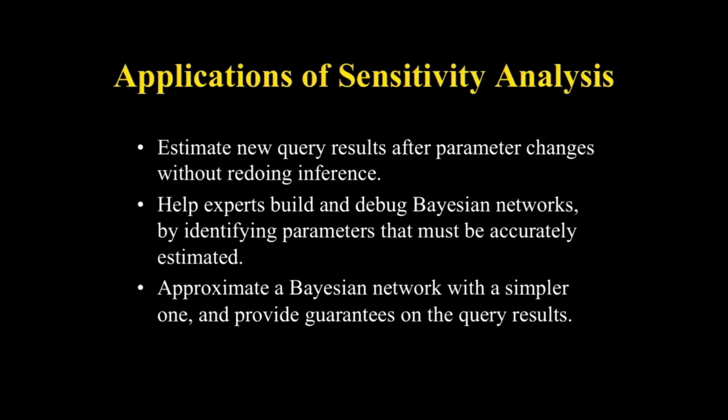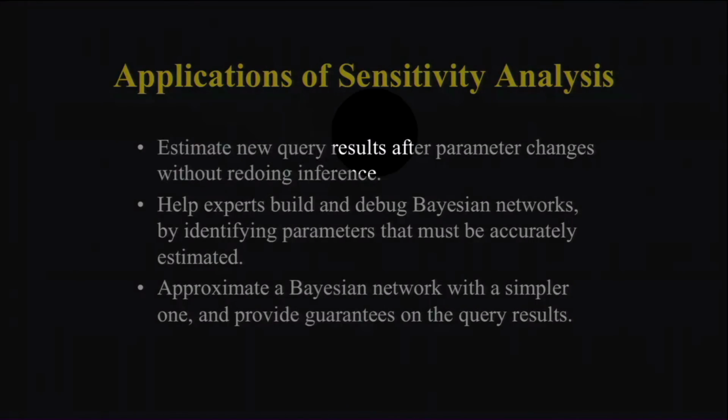Some sense of applications for the first question. Now we can estimate new query results for parameter changes, but without redoing inference. So this is a quick way of saying if I make this parameter change, then my queries stay within these ranges. The second one is mostly for debugging of models.